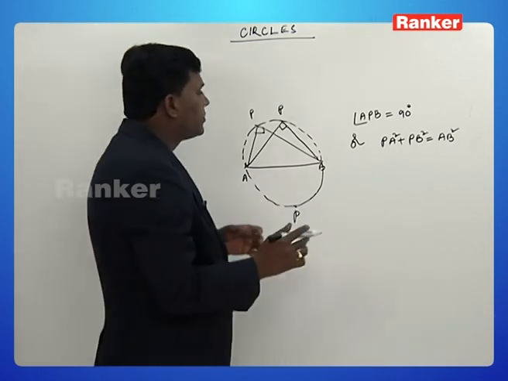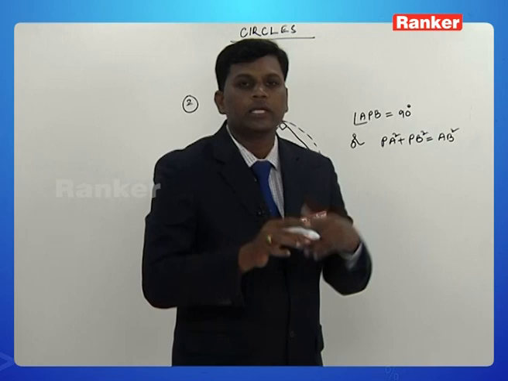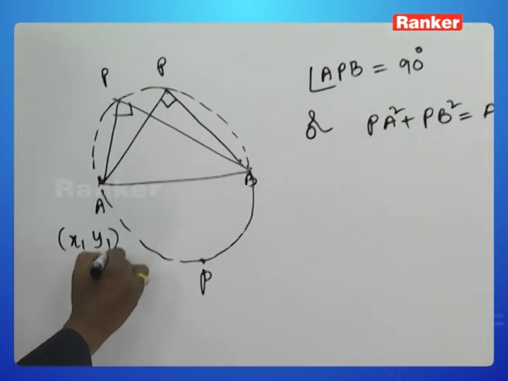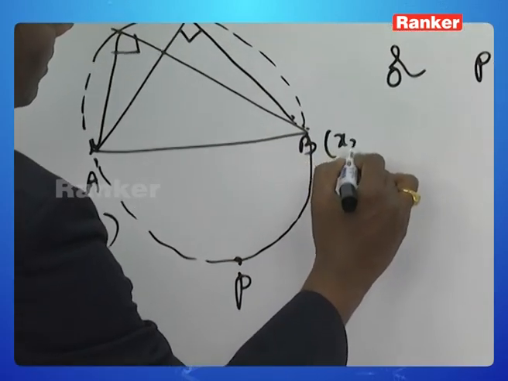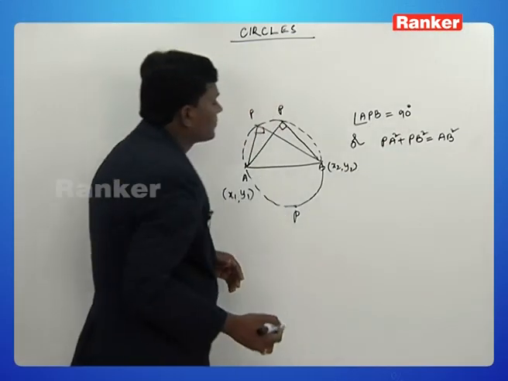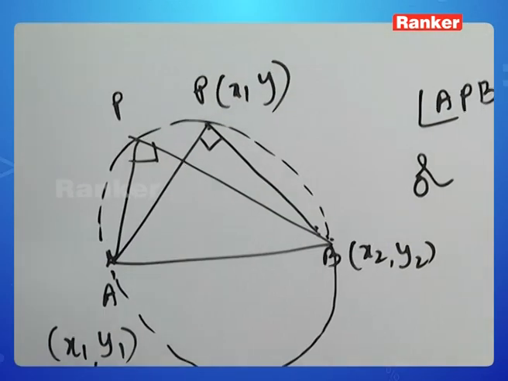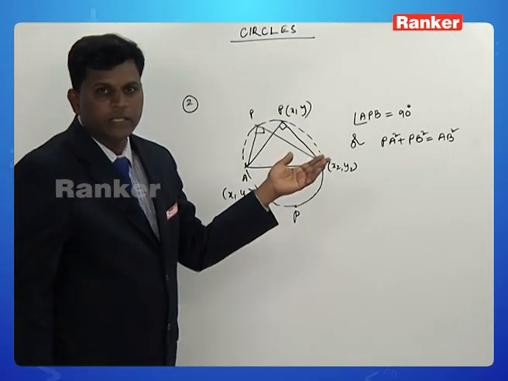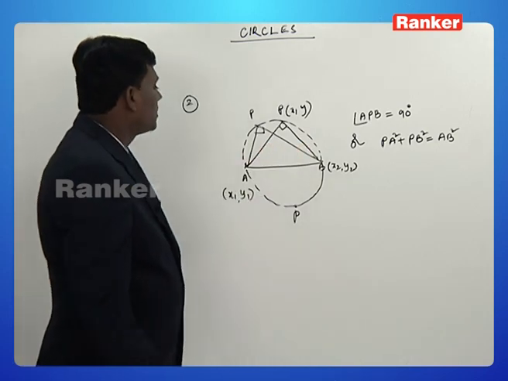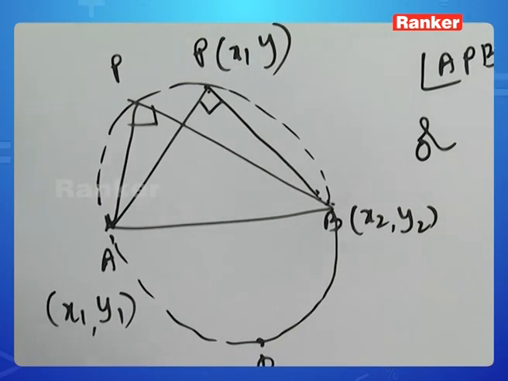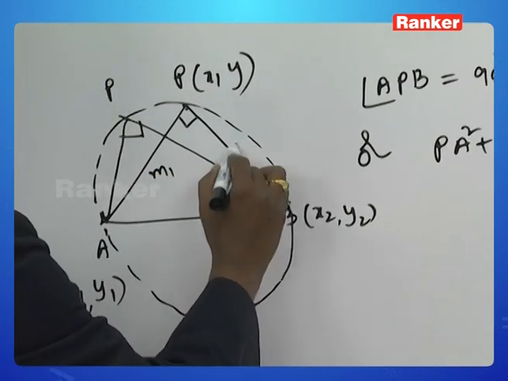In this case, to find the circle's general equation, let us assume the two given points are (x1, y1) and (x2, y2), and let us take a general point P with standard coordinates (x, y). Now angle APB is a right angle, so the product of slopes is minus 1.